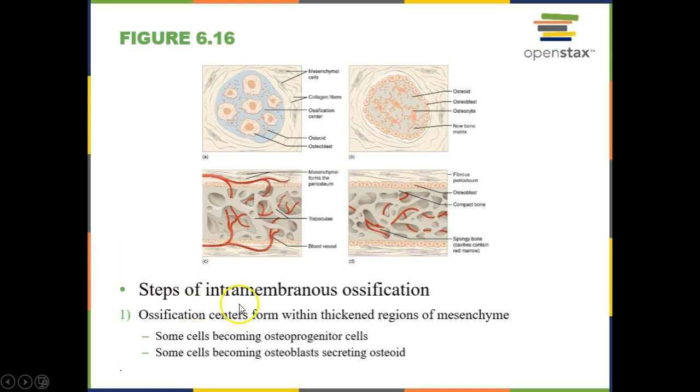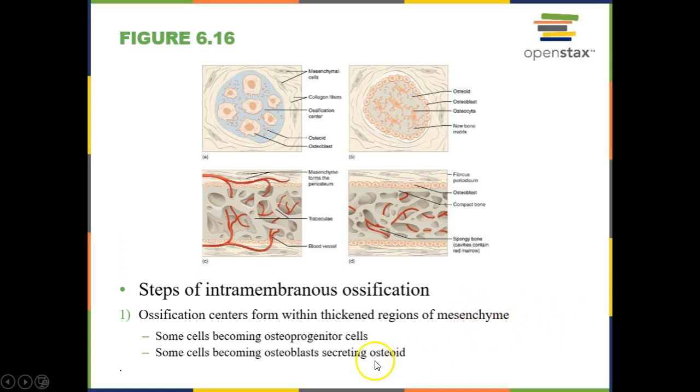The precursor connective tissue to this bone formation is called mesenchyme. Mesenchyme is the precursor to all connective tissues, and you have mesenchymal cells that start thickening or coming together in a region we will call the ossification center.